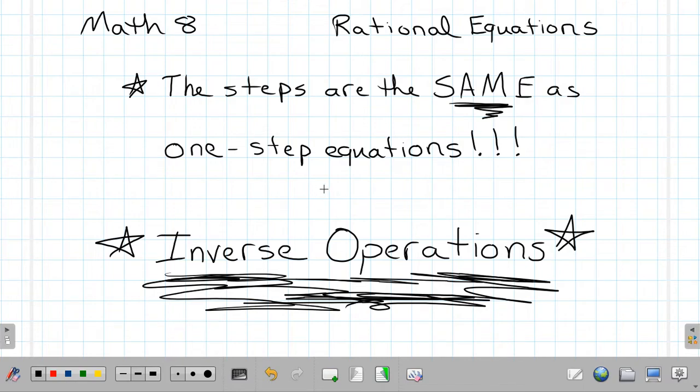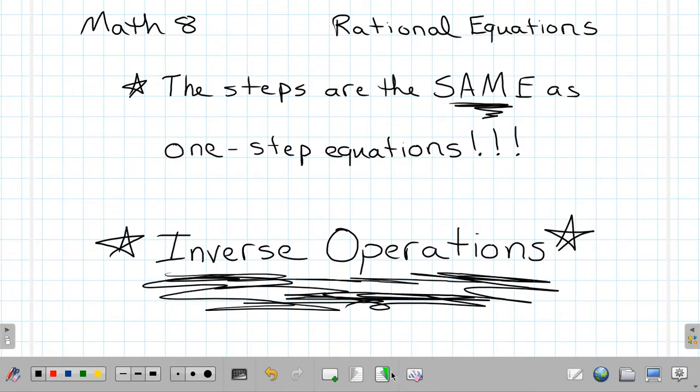Now, as I was saying before I got a little sidetracked, we're calling these rational equations because they deal with rational numbers. All the other equations we have dealt with also involved rational numbers, because all of those numbers could be turned into fractions. But when we talk about rational equations here, we're talking specifically about decimals and fractions.